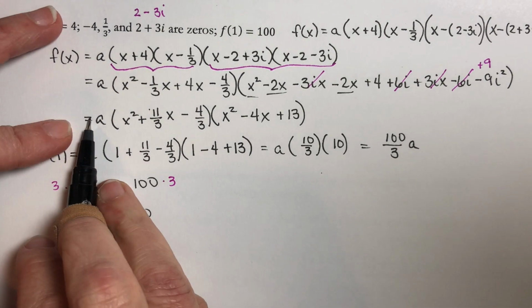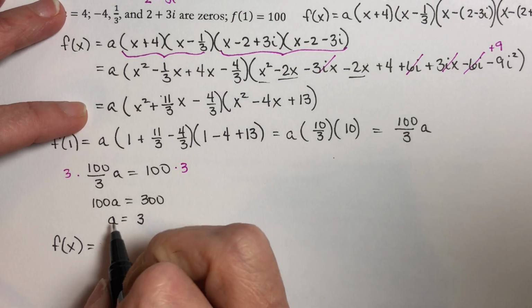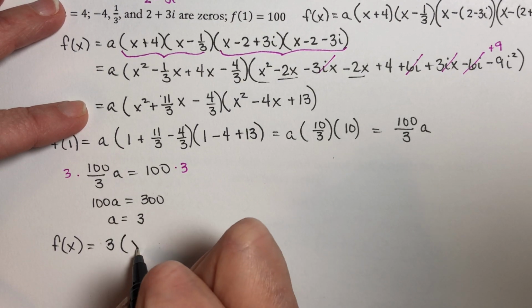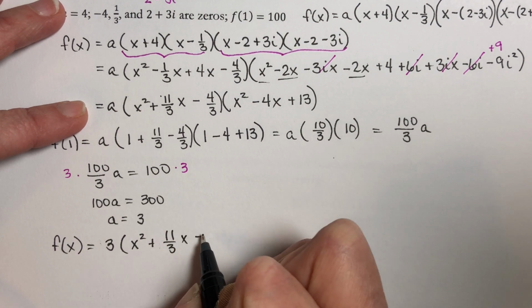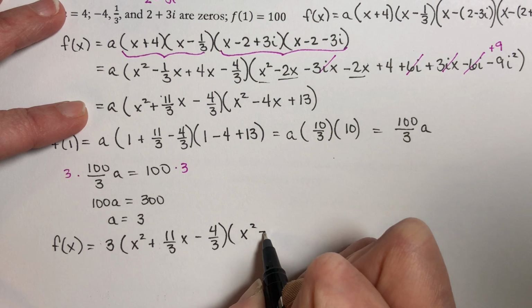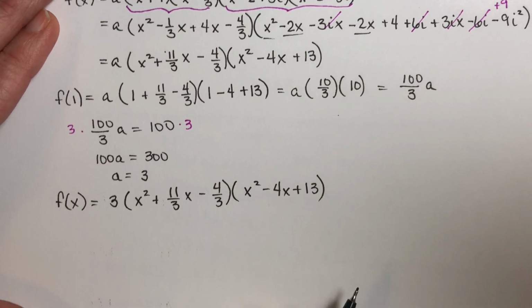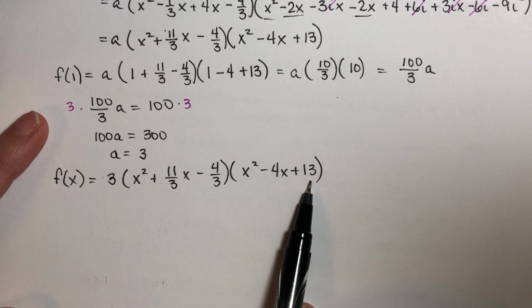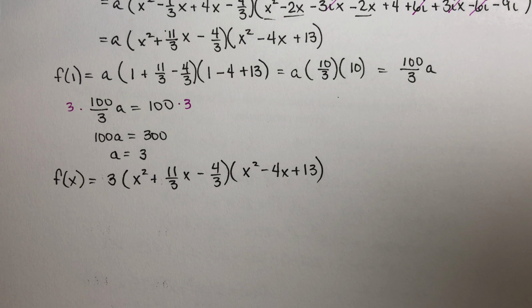Okay, so now I'm coming back up to my f of x to improve it. And I have 3 times x squared plus 11/3 x minus 4/3 times x squared minus 4x plus 13. Now really what I have here is 3 things multiplied together. These 2 things are fairly complicated, but it is still 2 things multiplied together.